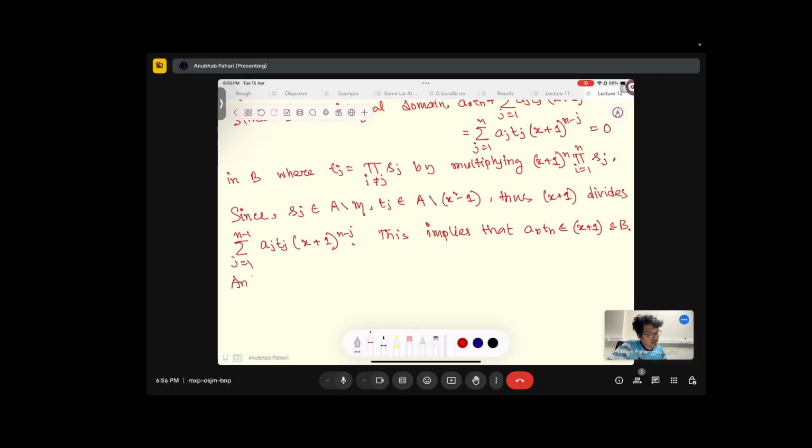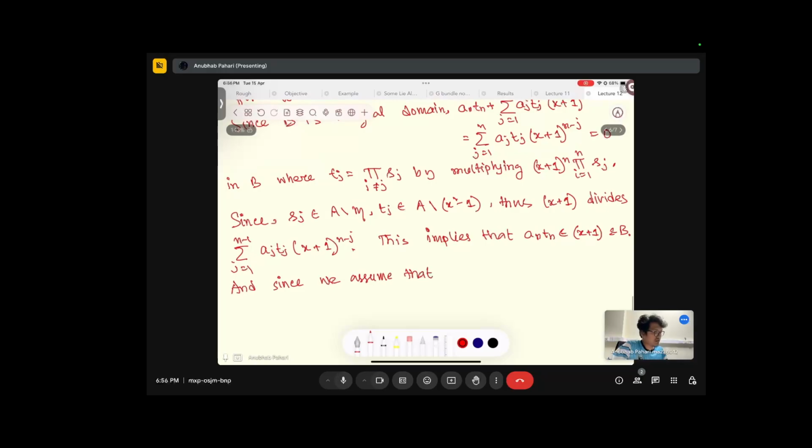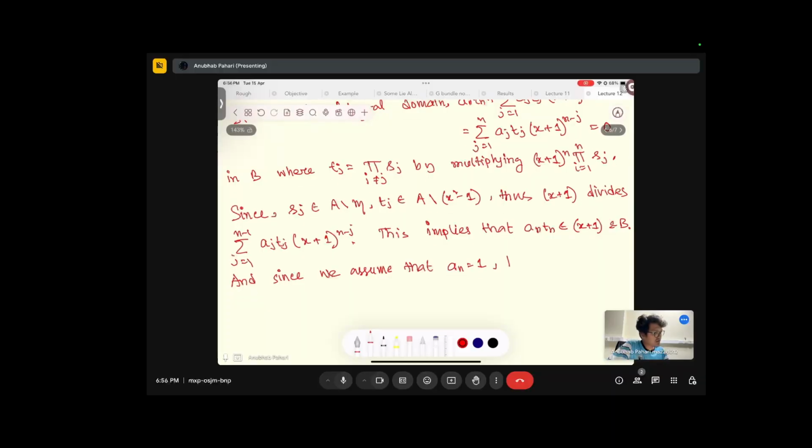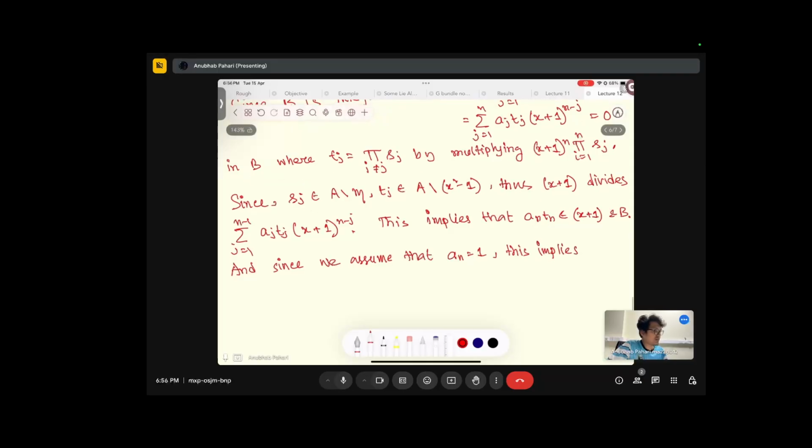and since we assume that an equals 1, this implies Tn belongs to x plus 1.